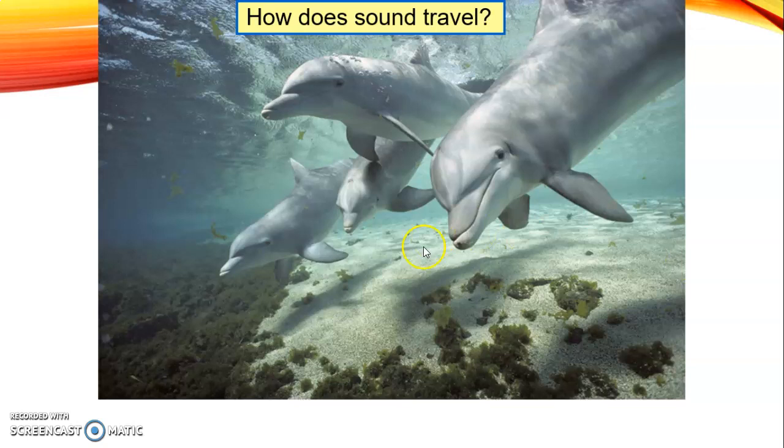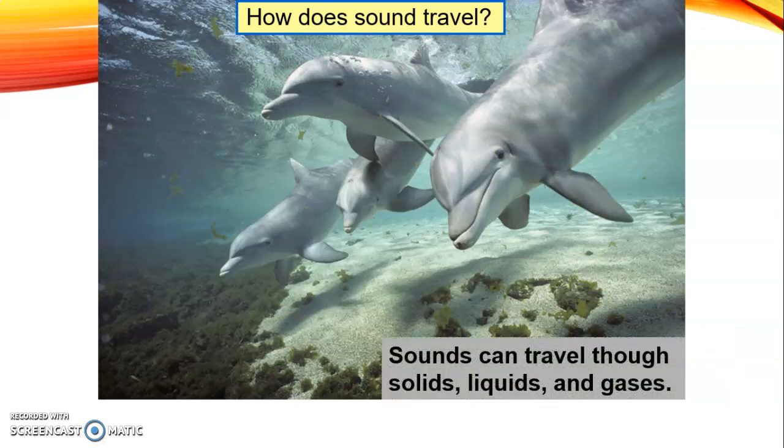So how does sound travel? We talk about that the sound travels through solids, liquids, and gases.